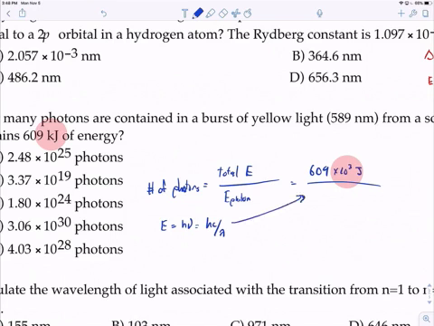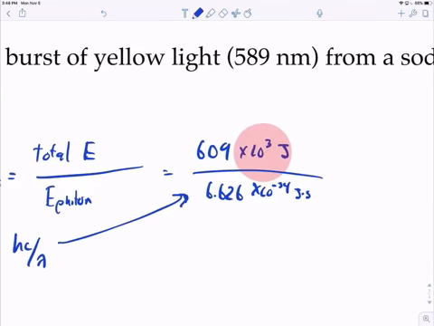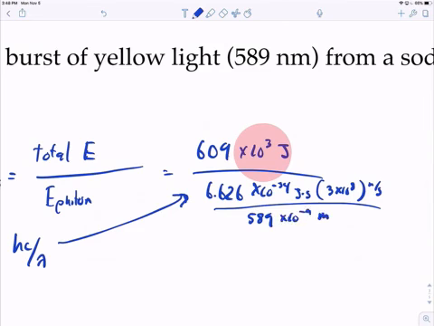We put this here: 6.626 times 10 to the minus 34 joule seconds, c the speed of light, 3 times 10 to the 8 meters per second, all over 589 times 10 to the minus 9 meters.